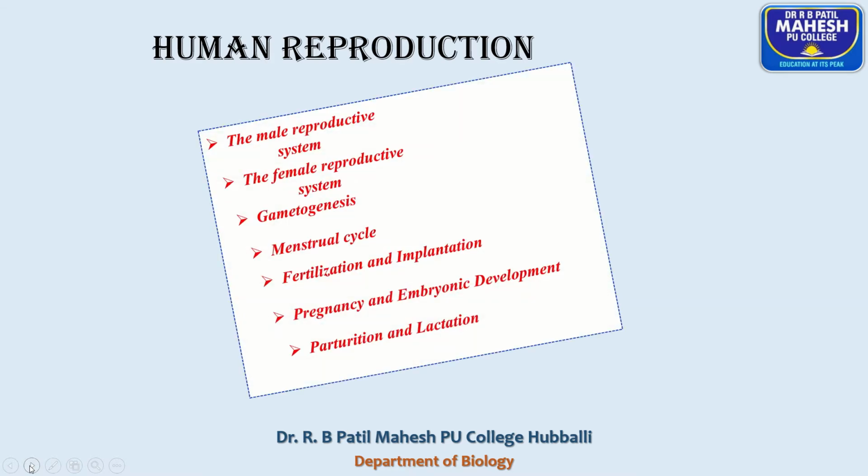And you remember one thing, there is a clear sexual dimorphism in the case of human beings. That means the male and female individuals are differentiated externally. So based on morphological characters, we can easily identify both the male and female individual, and that phenomenon is called sexual dimorphism.